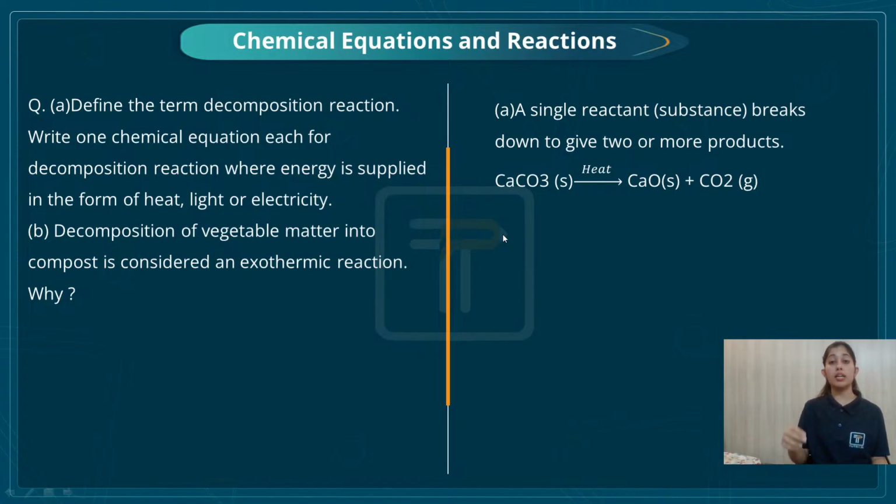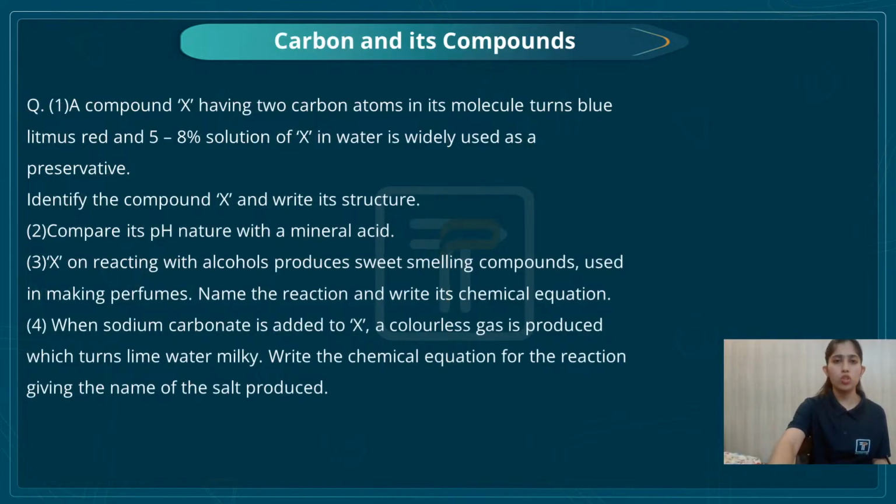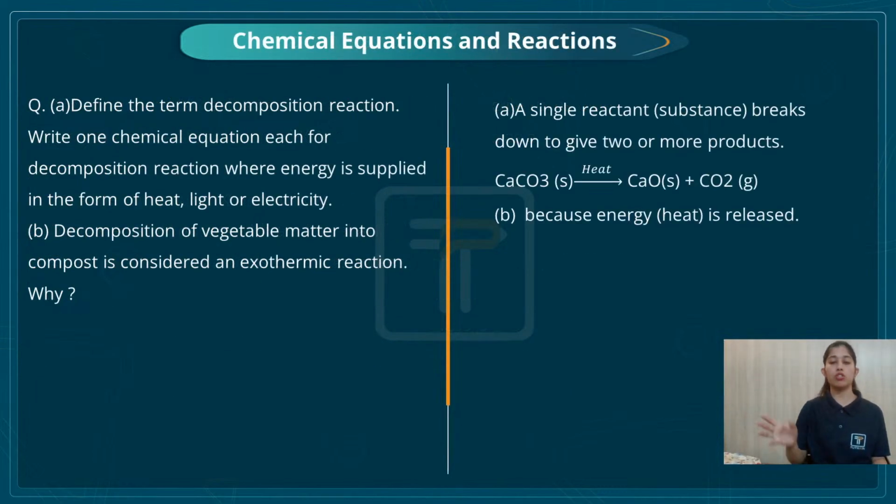Because when the vegetable matter is decomposed, energy is released, right? It's because energy, heat, is released. Simple. No need to give much more explanation. If you write simply this line, energy is released, that is why it is an exothermic reaction.